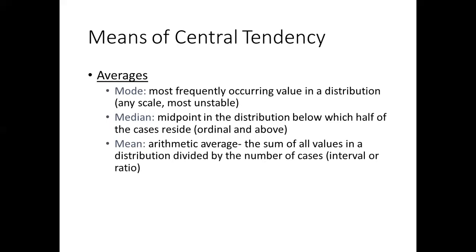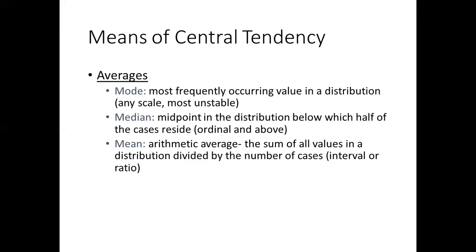Of course, we know that the mode is the most frequently occurring value in a distribution. For the median, your data set has to be arranged in ascending or descending order of magnitude. The median is the midpoint in the distribution below which half of the cases fall.